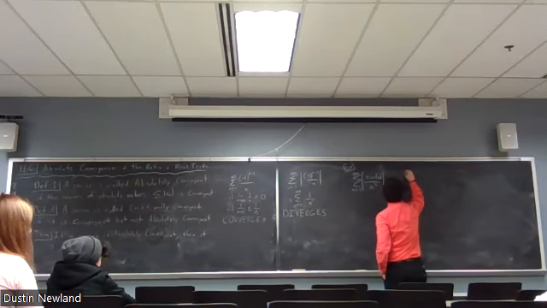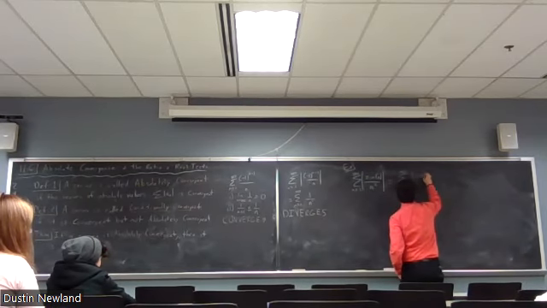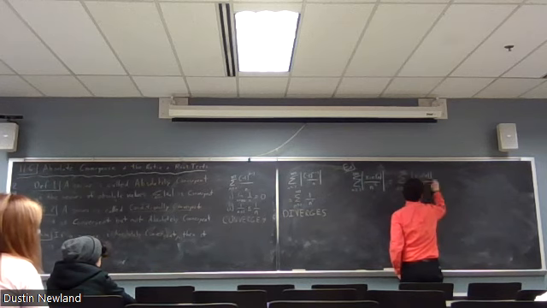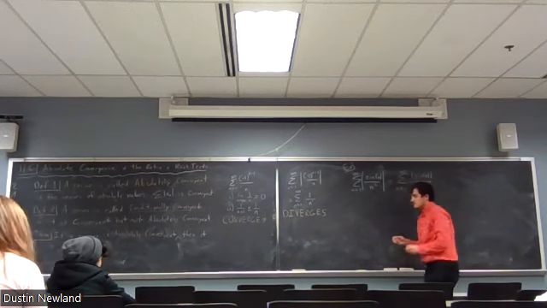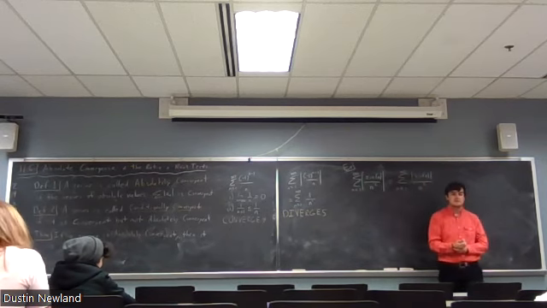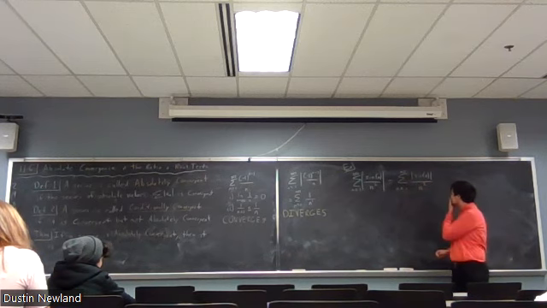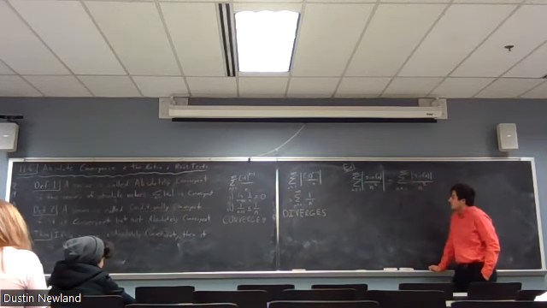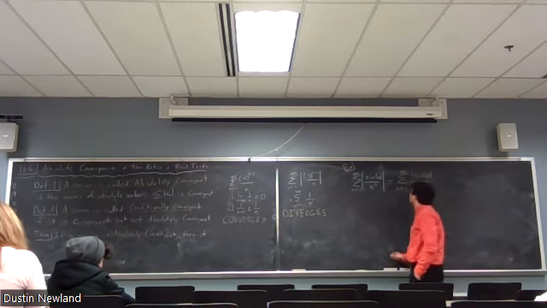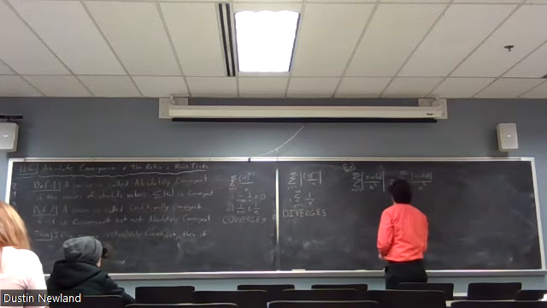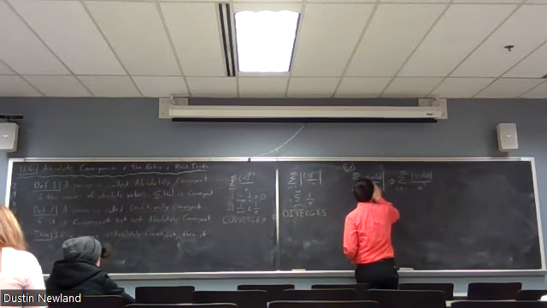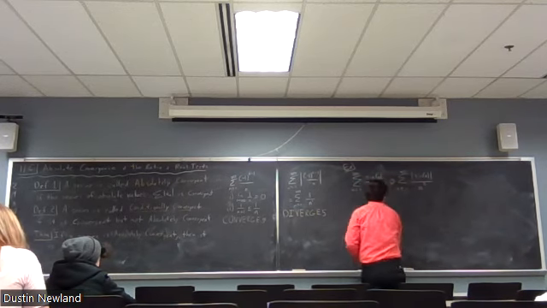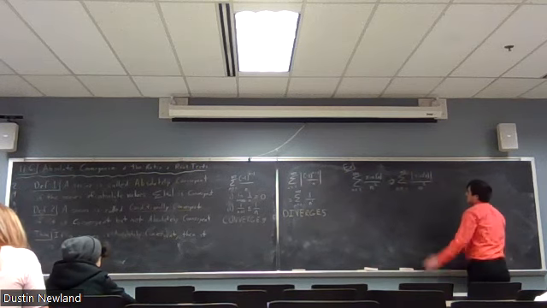Okay. Now, the absolute value of sine n depends. So I'm going to leave that, but it's the same thing as the absolute value of sine n over n squared. Okay. Now, instead of looking at this series that we started off with, we're going to look at its absolute value version, okay?